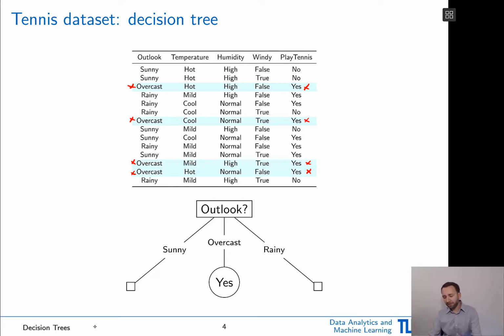Which means if we now get a new test sample which has an outlook which says it's overcast, then it would be a good idea to already say yes.